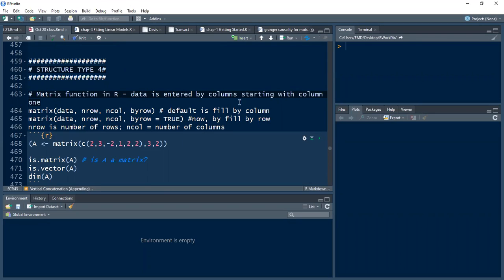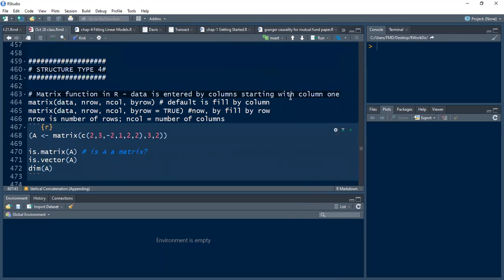All right. So these are some of the basic rules for using matrices in R. Data is entered by columns, starting with column 1. Let me explain that. This is the syntax.